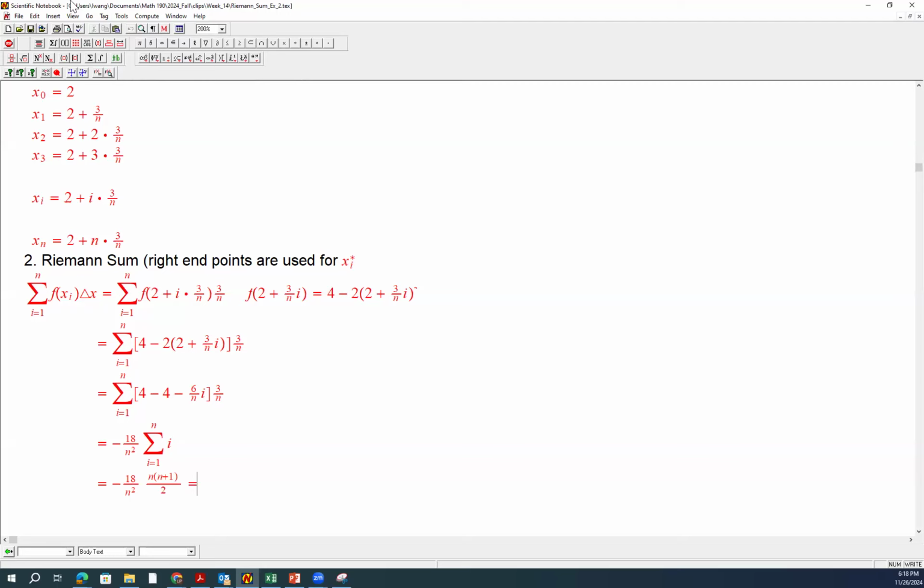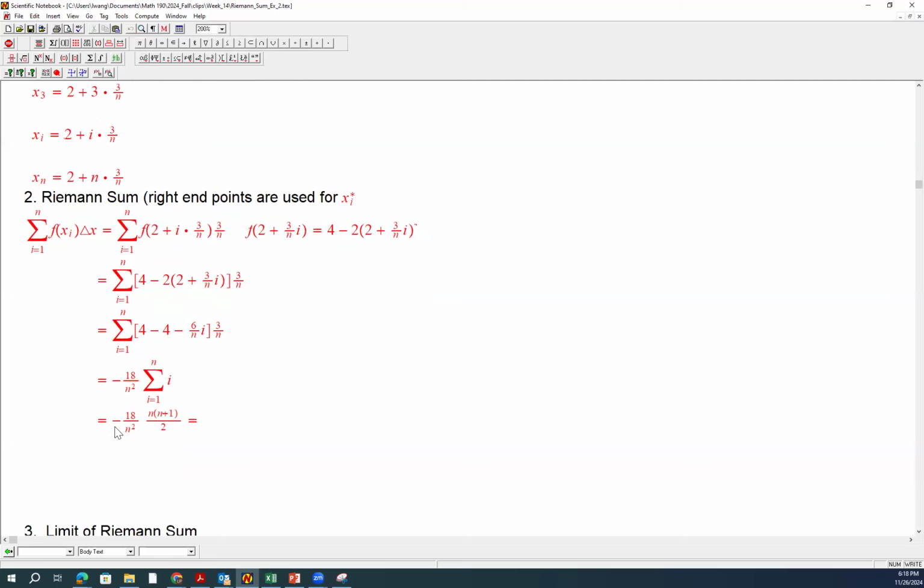So we're setting ourselves up to take the limit. Here we get negative 18 divided by 2, n squared divided into n times n plus 1. One of the n's is reduced, so we got n over n plus 1, which will be replaced by 1 plus 1 over n.